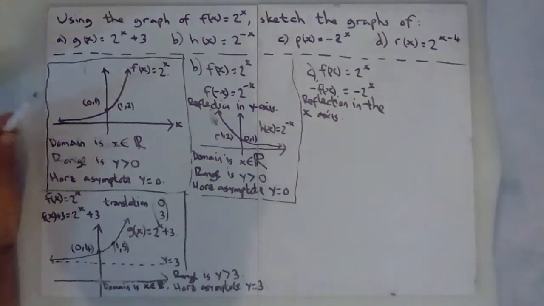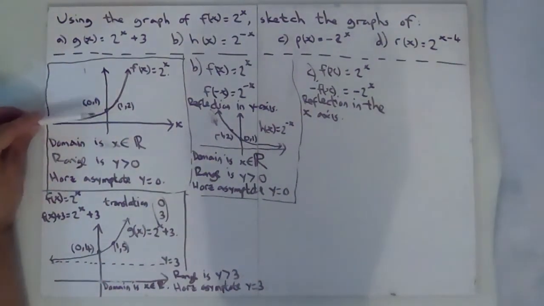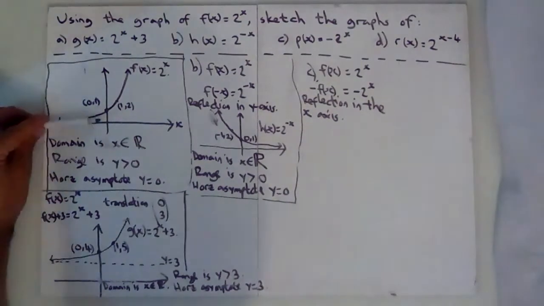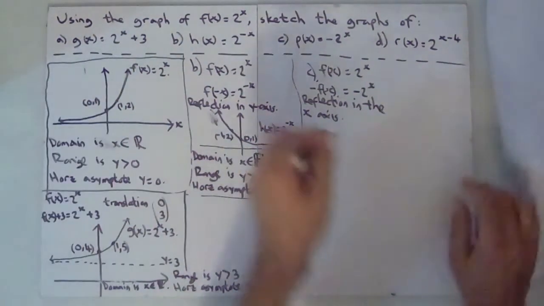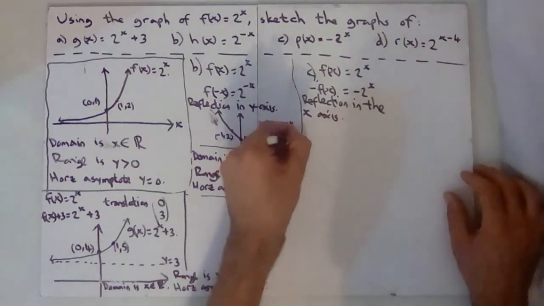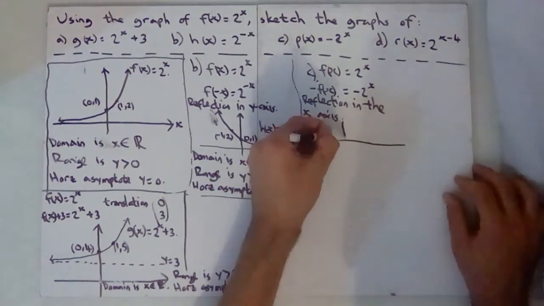The asymptote's not going to change because this y equals 0 line, the x-axis, is the invariant line, so that's not going to change. This (1, 2) is going to become (1, -2), so I'm going to draw the axis here and here.